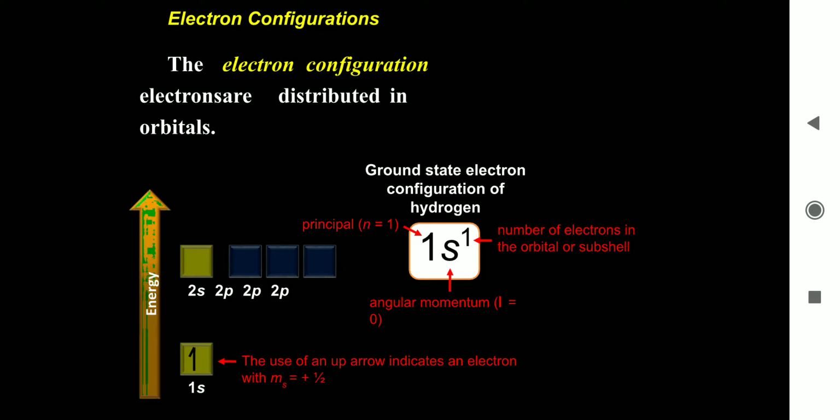See here, the electron configuration of the hydrogen element is 1s1. Here this 1 is the principal quantum number, so the n value is 1. This superscript 1 is the number of electrons in the orbital or subshell. This s is the angular momentum quantum number; for an s orbital, l equals 0.